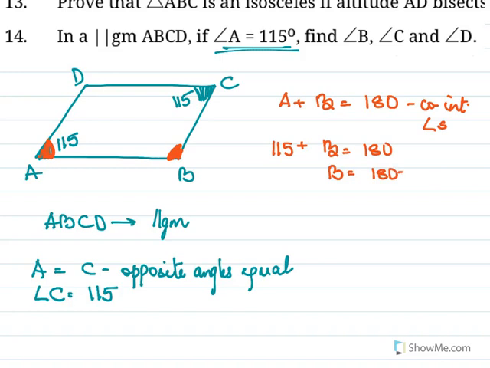So B equal to 180 minus 115, which is 65. Now B is also equal to D because they are opposite angles. So D will also be 65 degrees.